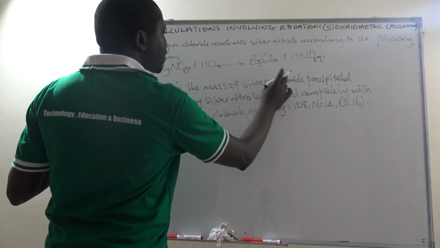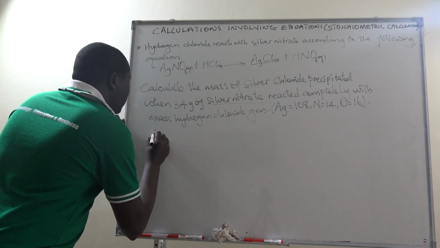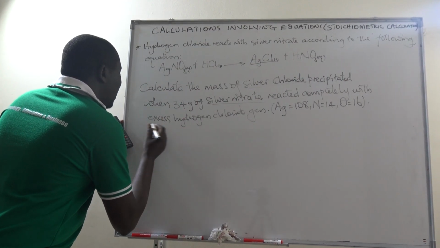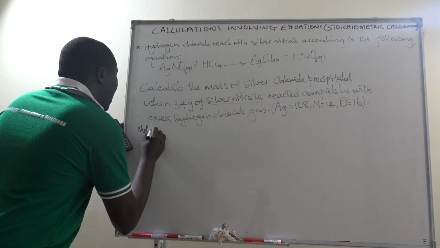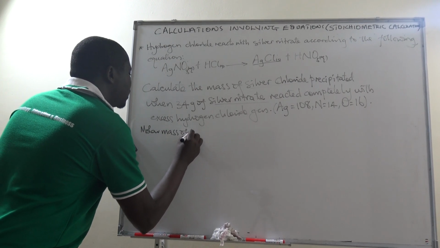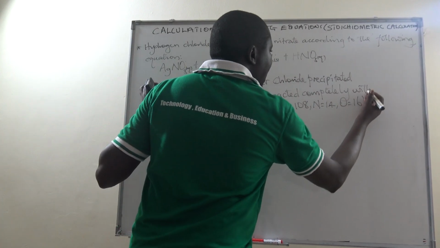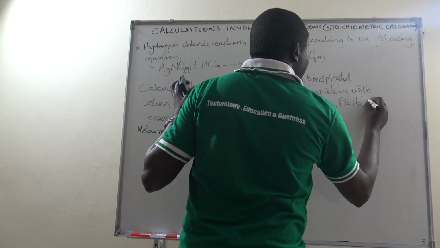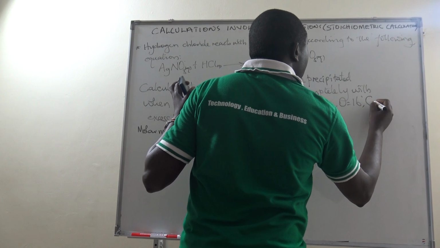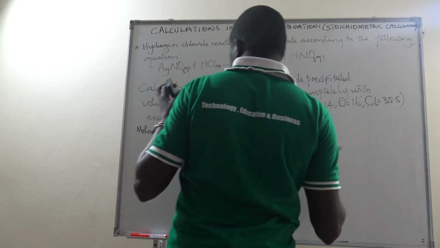And then for silver chloride, you can see that we are looking for the mass. So, for silver chloride, let us get its molar mass. Let me add for us here the relative atomic mass of chlorine. We shall need it. It is 35.5.